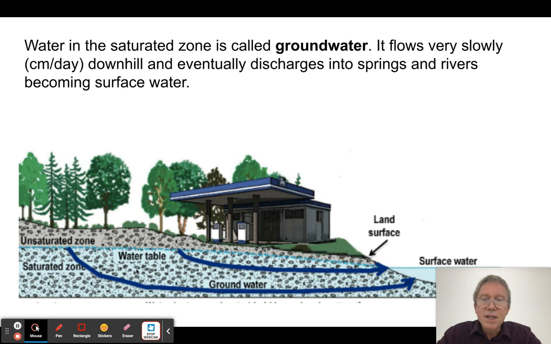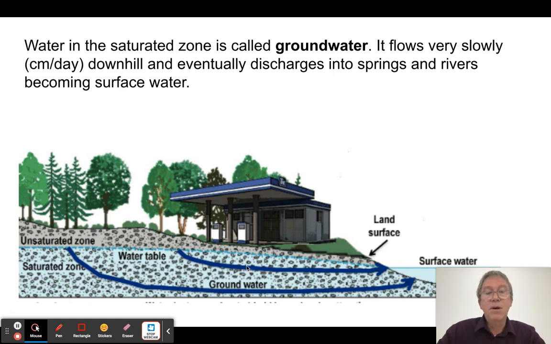So the water that gets into the saturated zone is referred to as groundwater. So when water is moving downward through the unsaturated zone, we don't call it groundwater. But when we get to this saturated zone where the water is flowing horizontally, basically paralleling the land surface, right? We refer to that as groundwater.